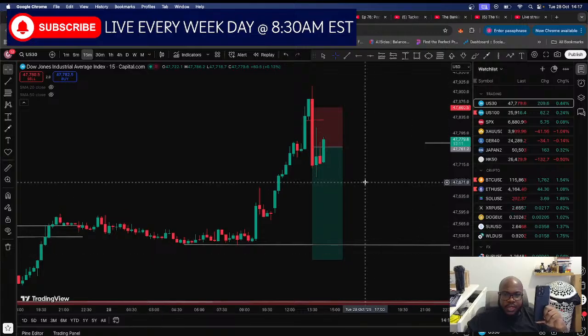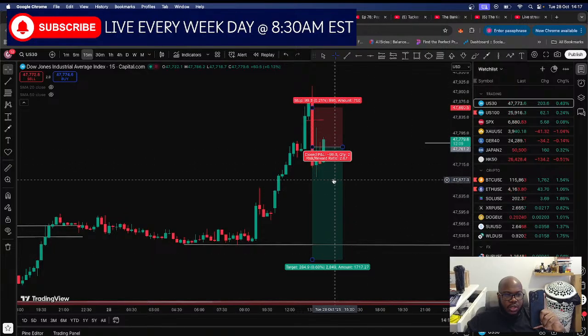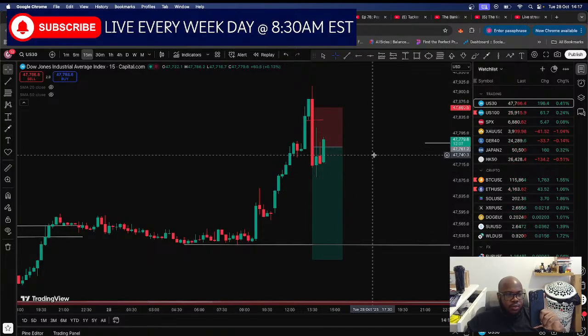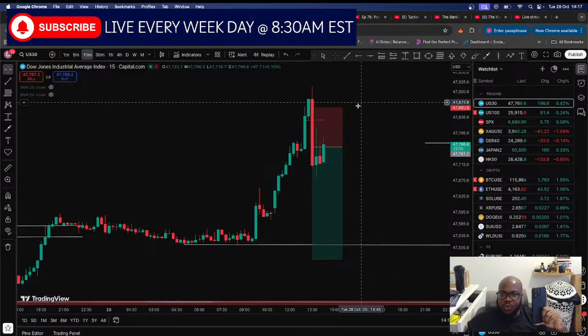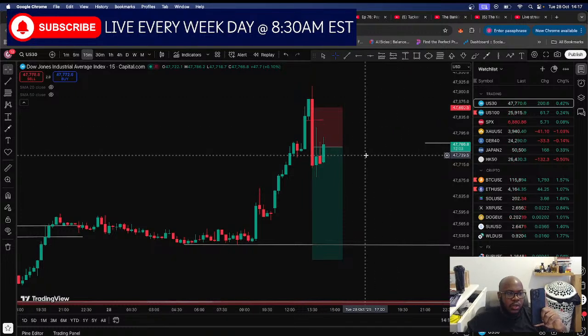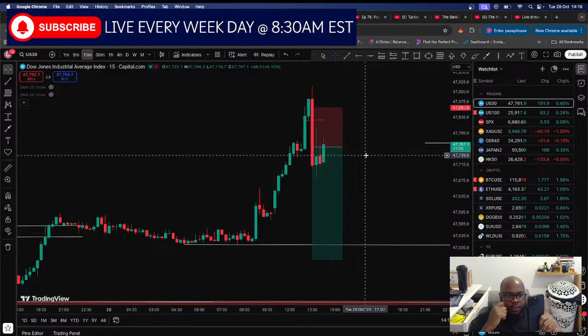For whatever reason, if we do see this come back down and reject this level, and I'm talking about this 740 level, that would be extremely bearish, and that would be the exact candle that we're looking out for. So we're going to watch this 740 level like a hawk. We are coming back down into profit, so this is the main level that we want to watch.